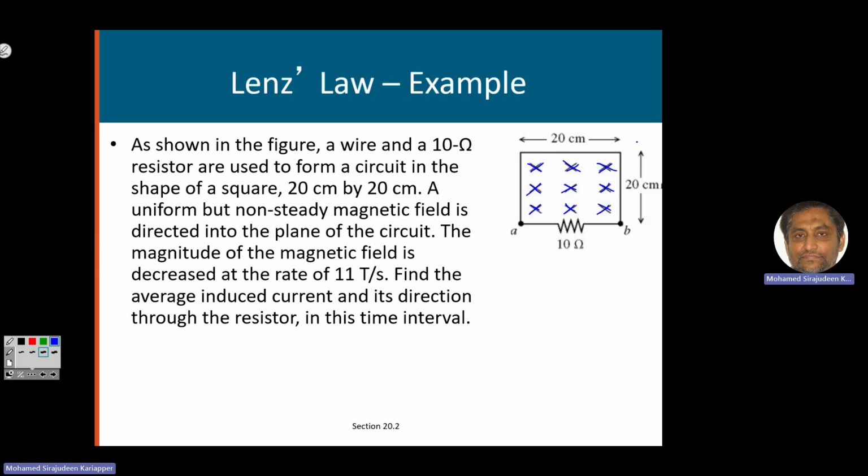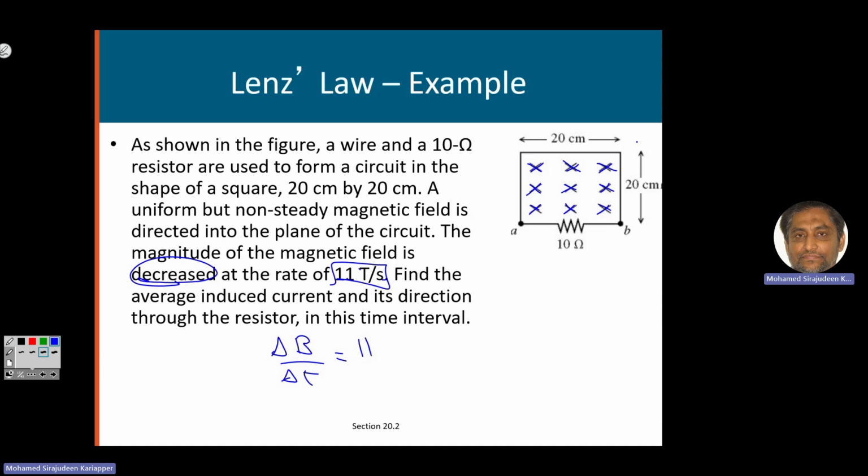And it is decreasing at this rate, Tesla per second. That means this is the delta B. The magnetic field is decreasing. Delta B over delta T is 11. Not delta phi. Delta B over delta T is 11.